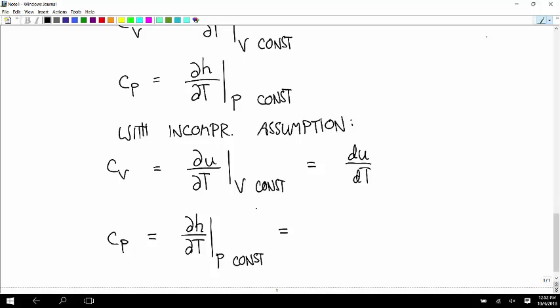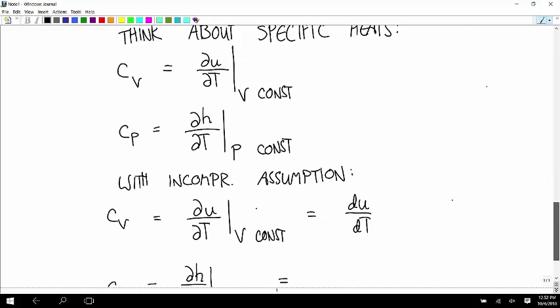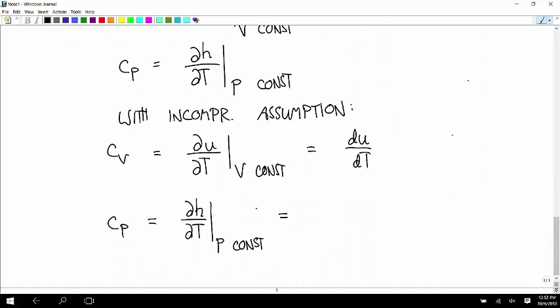So this is the partial with respect to temperature of u plus Pv with P constant.